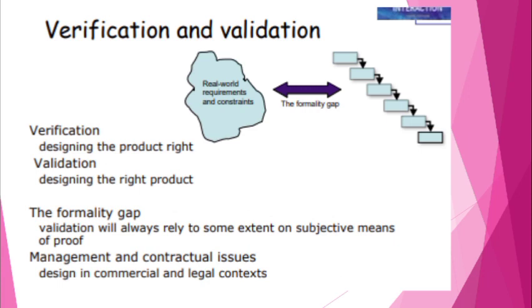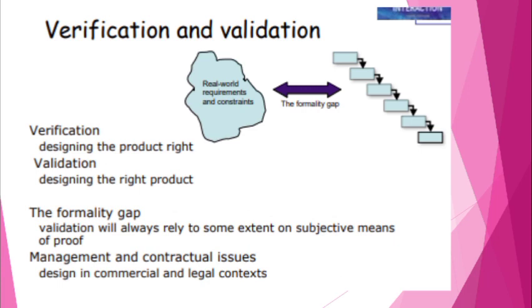So various languages are used throughout design, ranging from informal natural language to very precise and formal mathematical languages. And the formality gap, that is validation, will always rely to some extent on subjective means of proof.